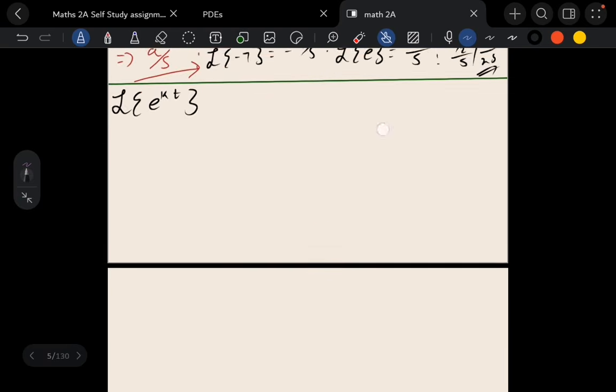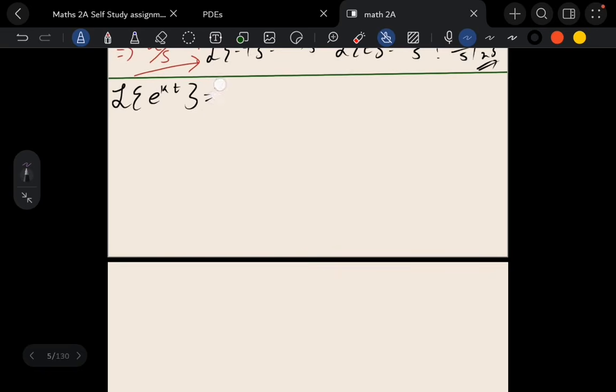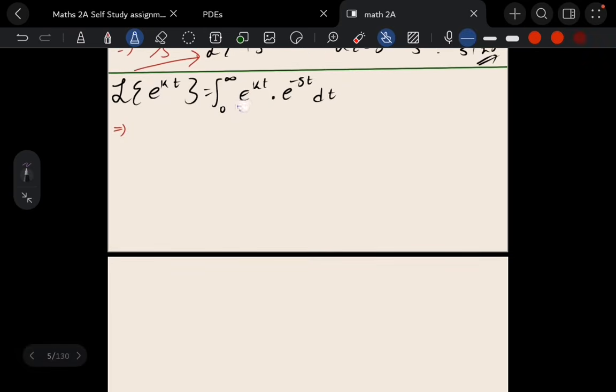To find the Laplace transform of e to the power kt, we need to use the formula: the integral from 0 to infinity of e to the power kt times e to the power negative st dt. From our given problem, you can see that these two bases are the same, alright?